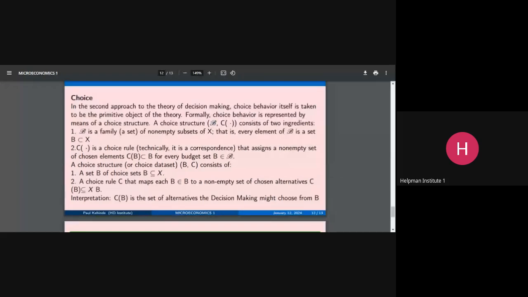And we have the choice rule. By choice rule, I mean the rules that are associated with the choice we want to make. There are rules that govern every choice we make. Now, calligraphic B is just a family set. What I mean by family set is that B contains a lot of B's.